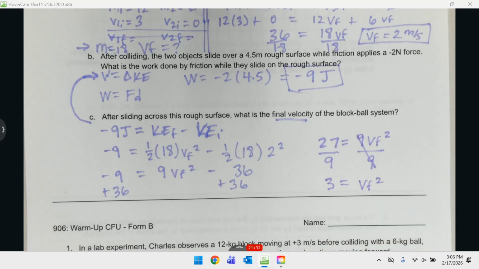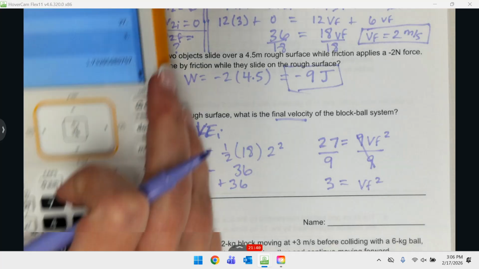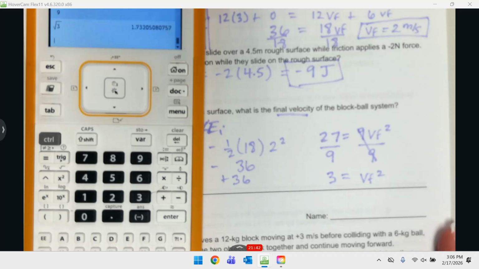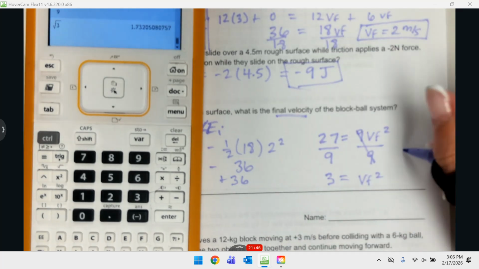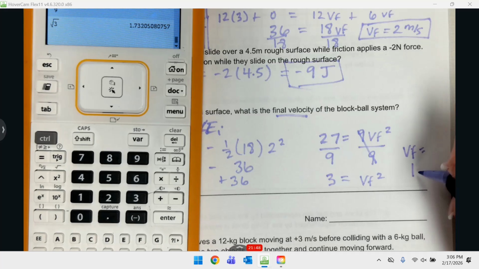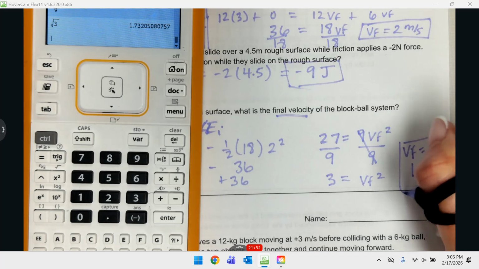Again, I want VF, not VF squared, so take the square root of 3, and you're going to get a final velocity of 1.732 meters per second.